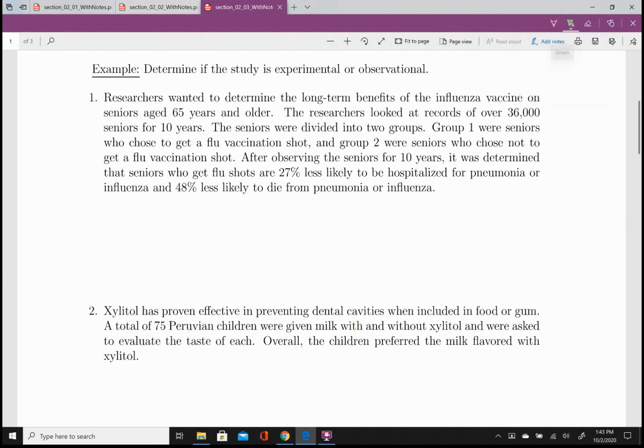Let's do the green. So they were divided into 2 groups, and yeah. So in that regard, we would say that this was an experiment.